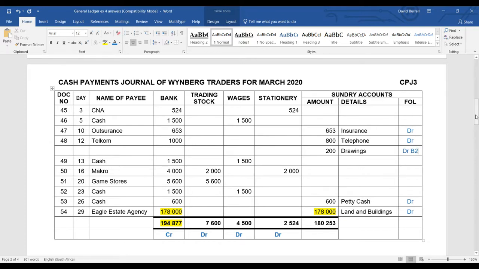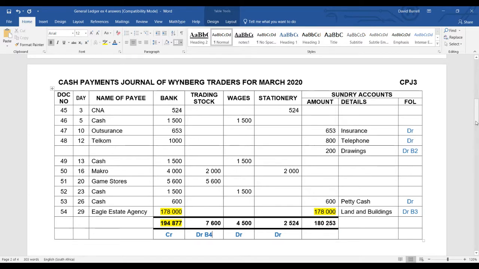After that, you would have fixed assets. In this exercise, we only have one fixed asset. It's land and building, so that will be B3. Then you would have your current assets, and your list on page 48 gives you the order of the current assets. The first one you would put in is trading stock, so that is going to have to be B4.